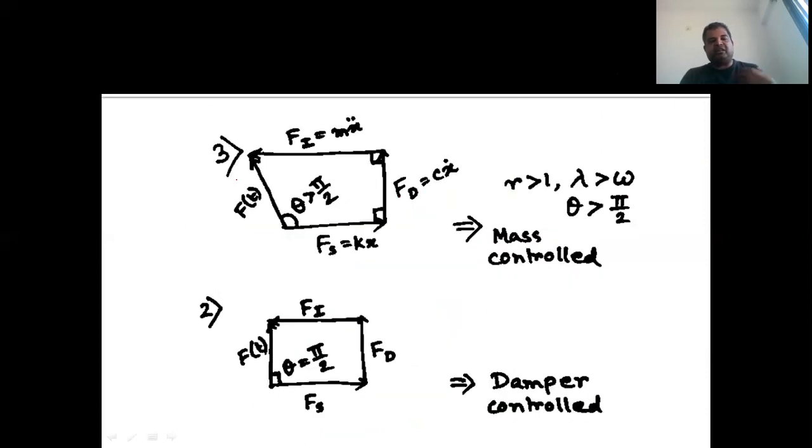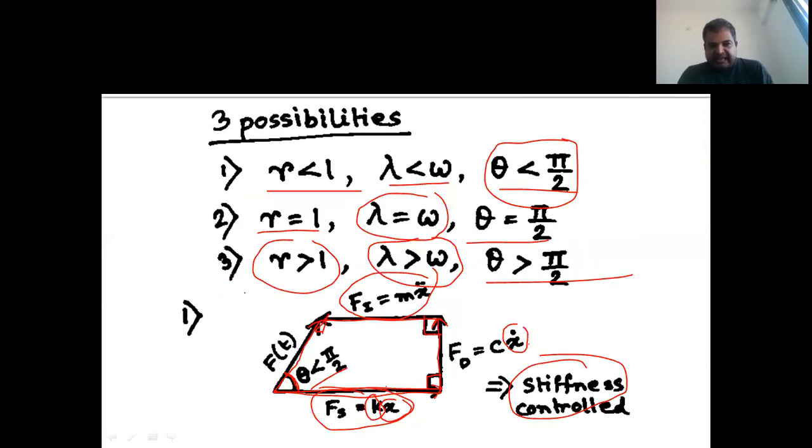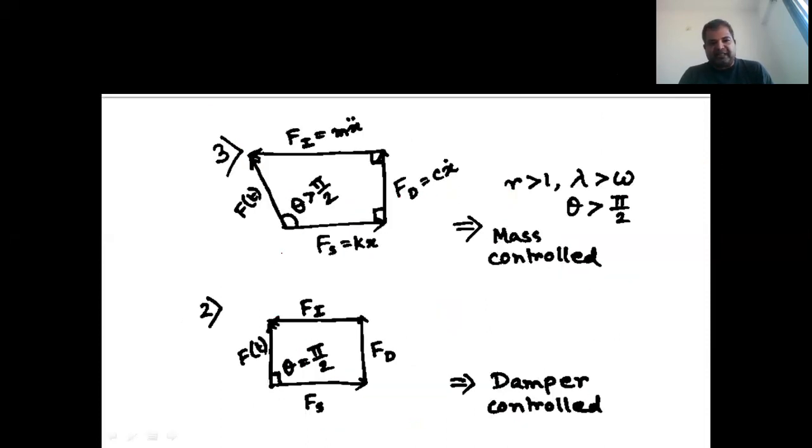Similarly, if I take my third case, r is greater than 1, lambda is greater than omega, and theta is greater than pi by 2. Let us see. First I will draw Fs, then Fd, which is perpendicular to this. Now to make theta greater than pi by 2, I need to make this term a little longer, so that my f of t will be like this and this pi by 2 will be this.